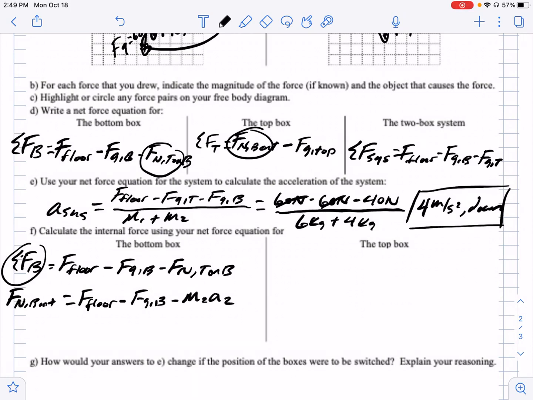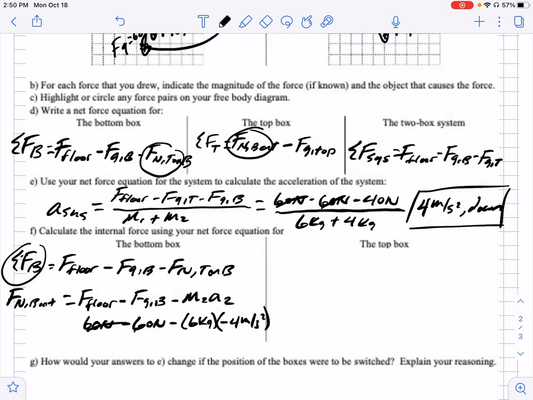So the force exerted by the floor was 60 newtons, minus the weight of the bottom box, 60 newtons, minus the mass of that box, which is 6 kilograms, times the acceleration, which was negative 4 meters per second squared.